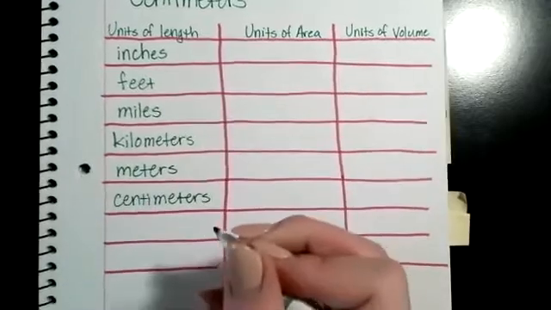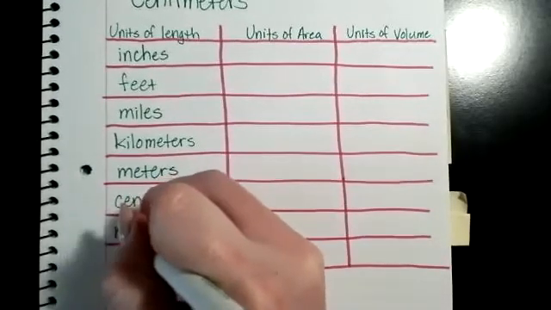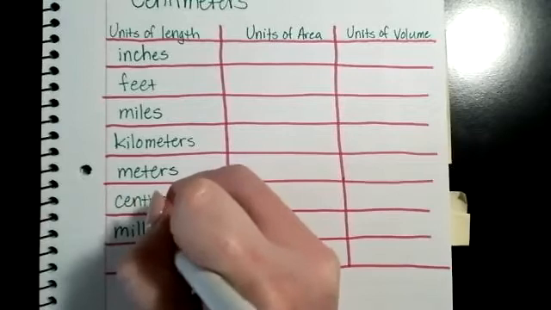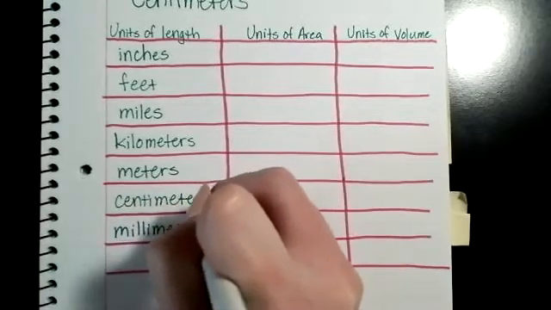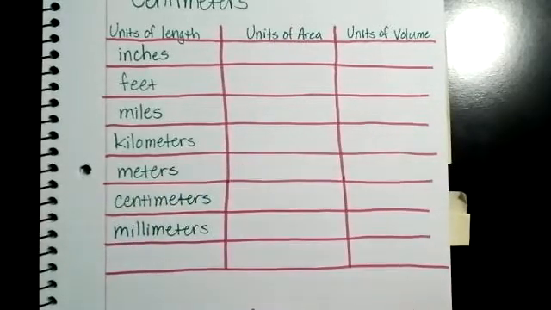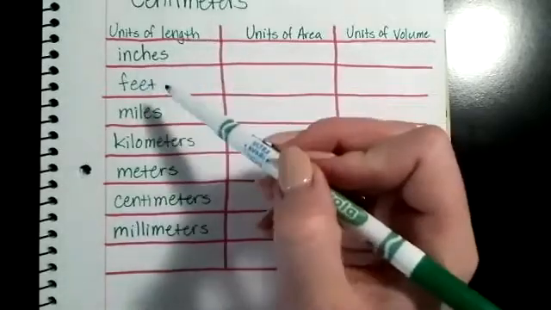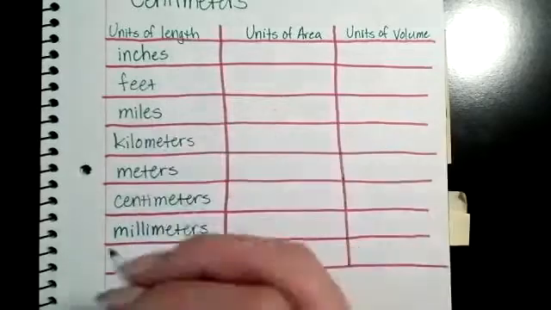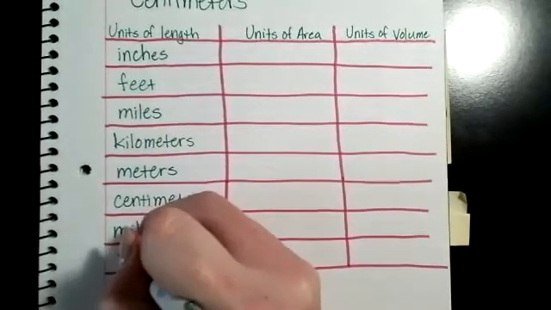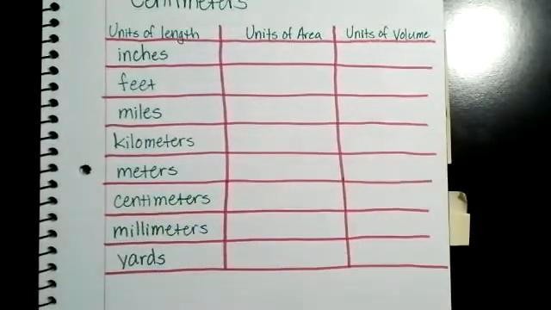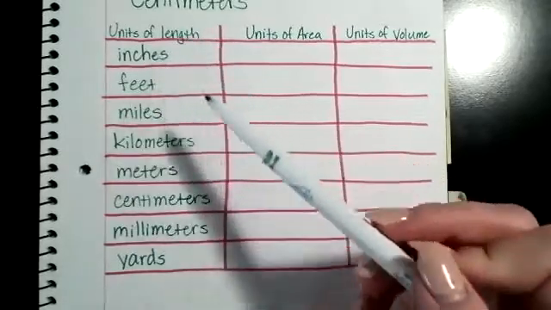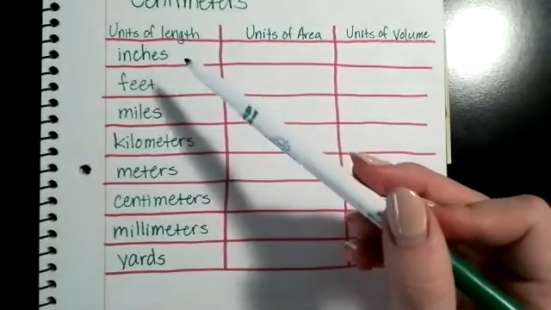And the tiny, tiny, tiny one, millimeters. And then I think I'm still forgetting one. Oh, in the US measurement, we go from inches to feet to yards. I forgot about yards. So they're not grouped together, but that's okay. These are all units of length that you should be familiar with.